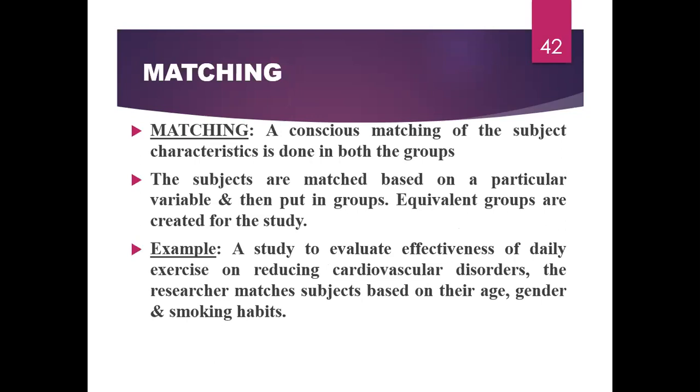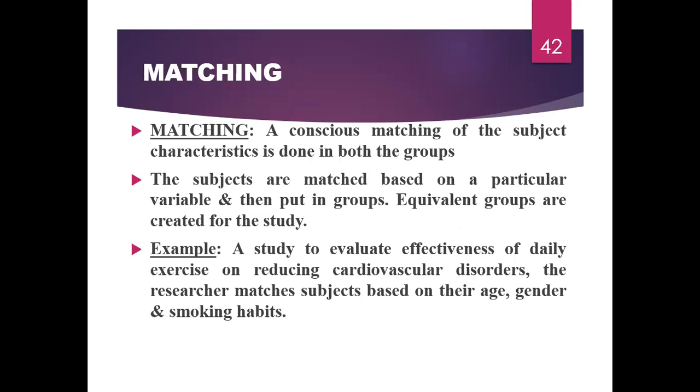Matching. Matching is a conscious matching of the subject characteristics in both the groups, the control group and the experimental group. So the subjects' characteristics are matched based on a particular variable and then they are put into groups. So equivalent groups are created for the study.